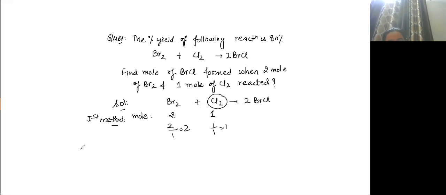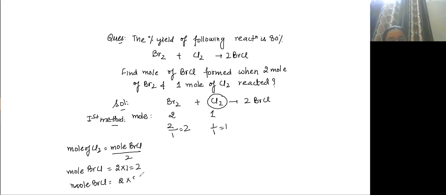Moles of Cl2 is equal to moles of BrCl divided by 2. So moles of BrCl formed is 2 into 1, so 2. But the question says percentage yield is 80%. So moles of BrCl formed is 2 into 80 by 100, that is 1.6. So moles formed is not 2, it is 1.6.